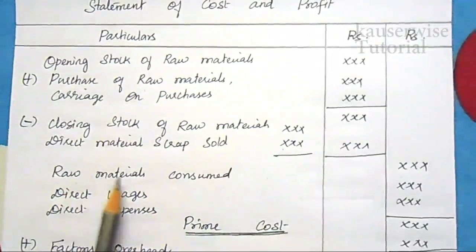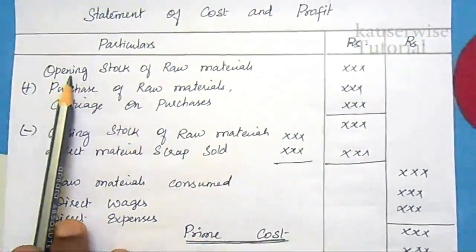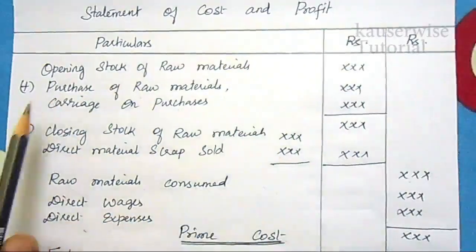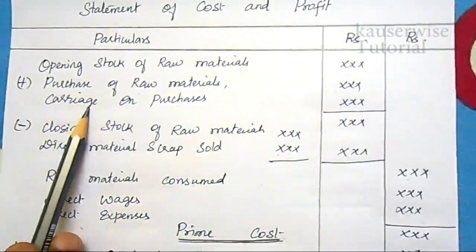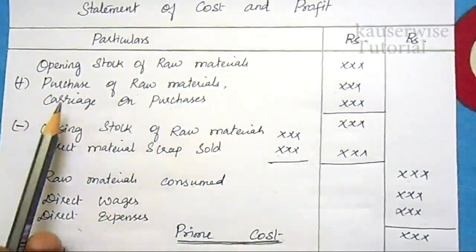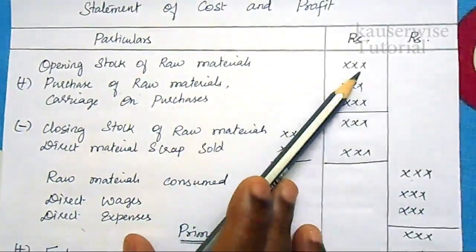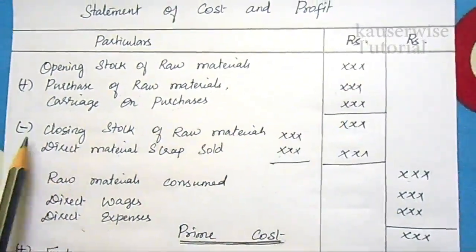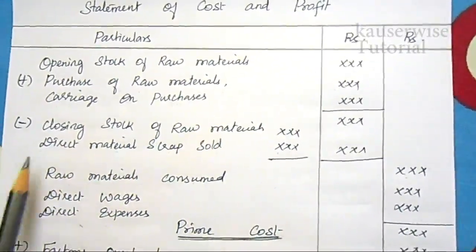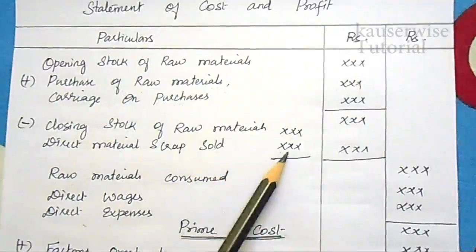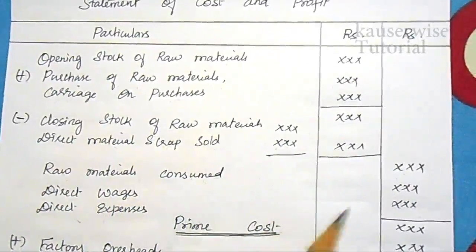In order to find out the raw material consumed or direct material, first we have to take the opening stock of raw material, add purchases made during the year, and add any expenses on purchase, for example carriage on purchase or carriage inwards. Add these along with the opening stock. Then subtract closing stock of raw material, and if there is any direct material scrap sold, that should be subtracted. Then you will be getting raw material consumed during the year.